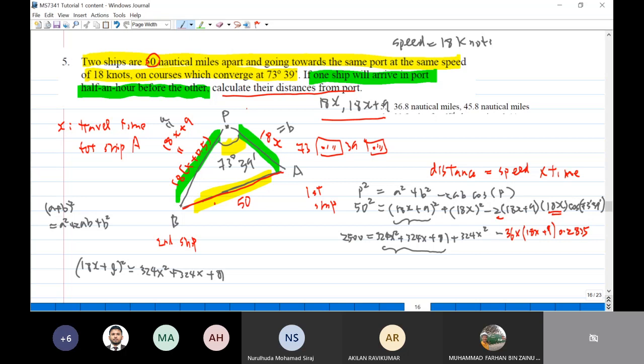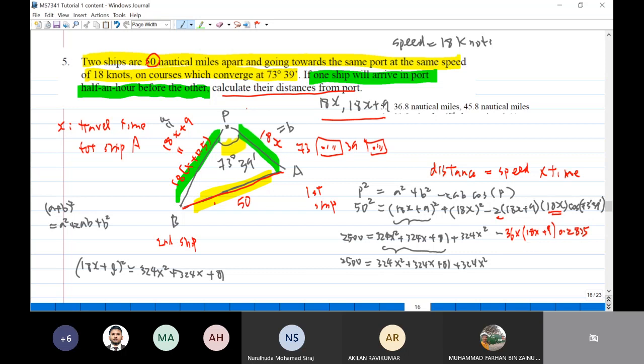So you can simplify this now. So 2500, the same thing as before, 324x squared. So this one you multiply, 36x times 18x.